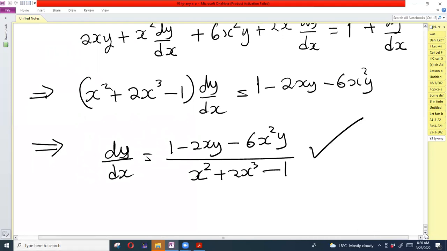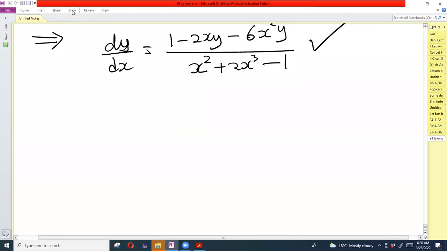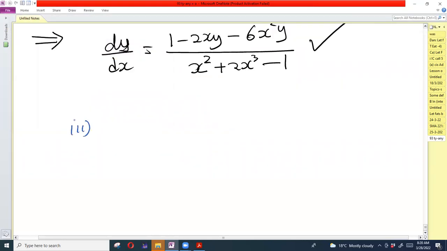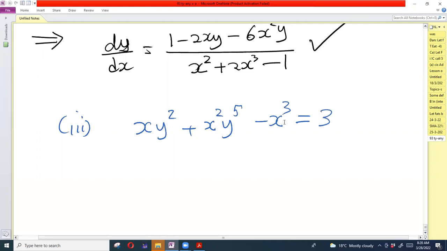And then the last part, we have xy squared plus x squared y to the power 5 minus x to the power 3 equals 3. So step 1, apply d/dx.